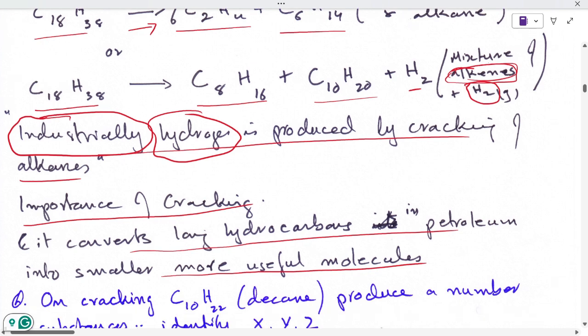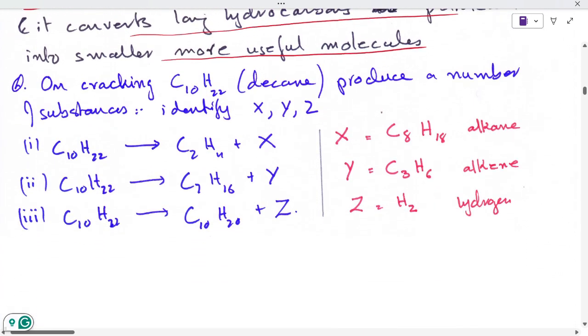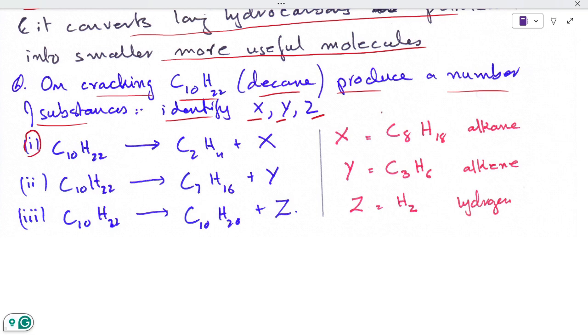Now, there is a question on cracking C10H22, which is decane, to produce a number of substances. Identify X, Y, and Z. I have written the equations.